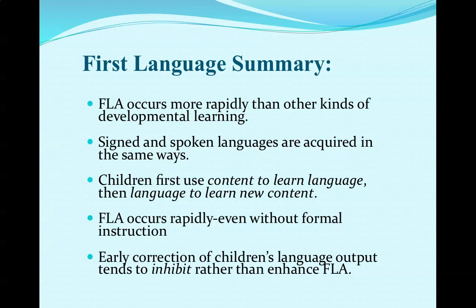On bullet number 2, infants exposed to sign language go through the same stages as babies who are exposed to oral language. Isn't that interesting? In bullet number 3, children first use content to learn language, then language to learn content.